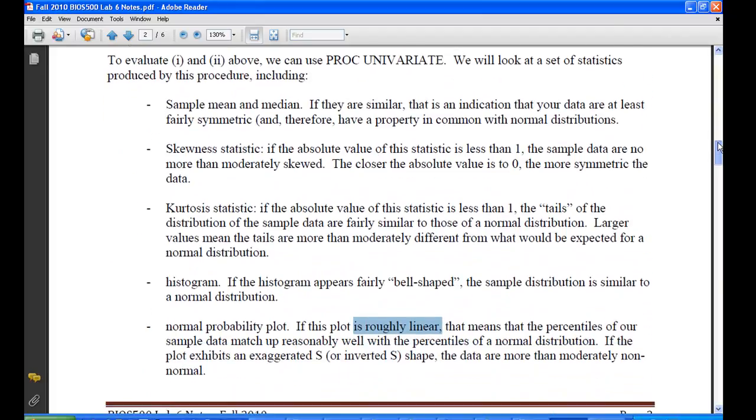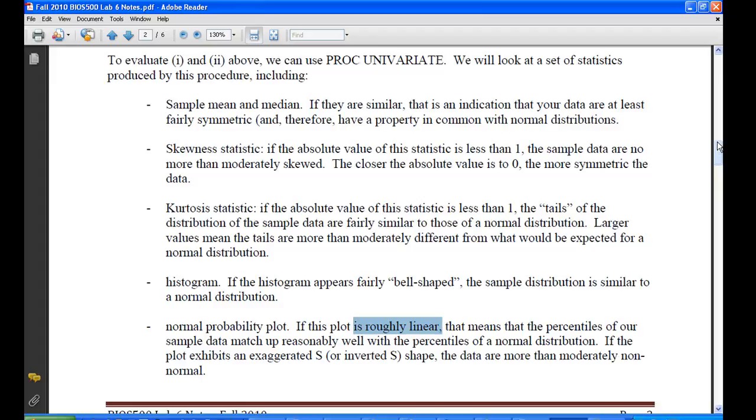On the other hand, if it's a much more mixed bag of information and several pieces of information are saying the data aren't any more than moderately non-normal, then you can probably go ahead and use the t-distribution based confidence interval formula, because it turns out that method really is quite robust to mild or moderate violations of normality.